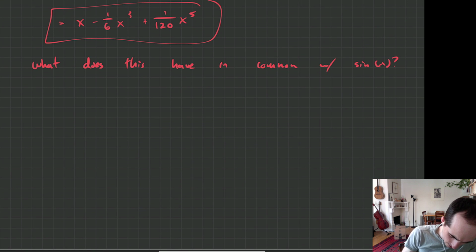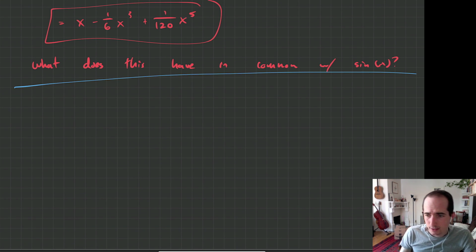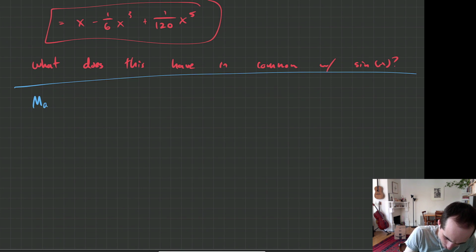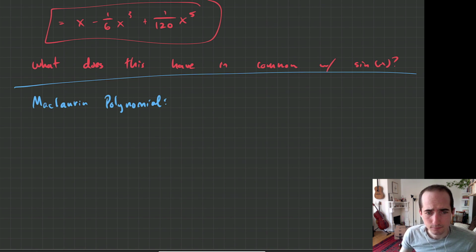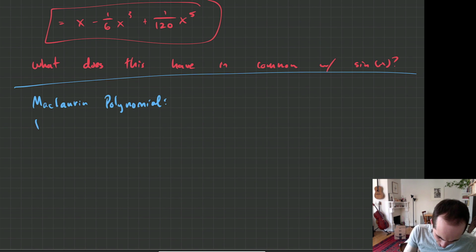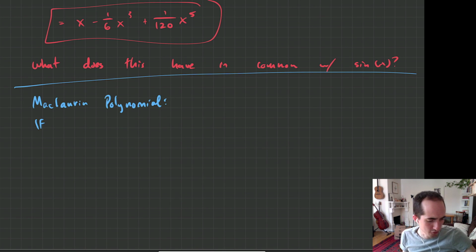Okay, let's define the Maclaurin polynomial, and then we'll call it a day, and then we'll talk about the Taylor series after that. It only works if you can actually calculate the derivative at 0. The absolute value function, you wouldn't be able to do this with because it has no derivative at x equals 0.